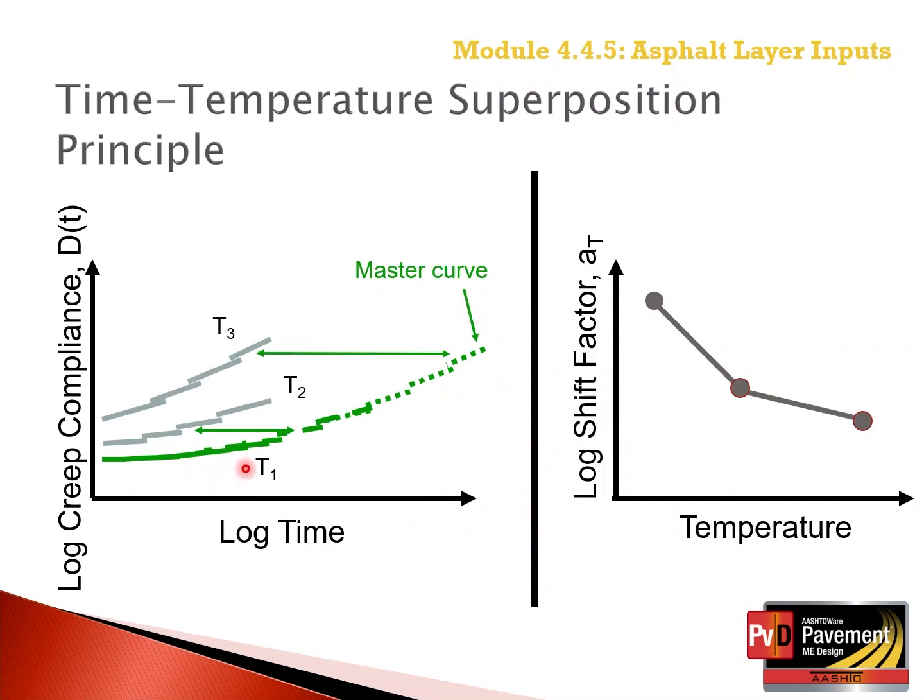So the master curve is created by shifting the actual lab creep compliance data to the reference temperature in accordance with the shift function and factors, similar to the dynamic modulus master curve.